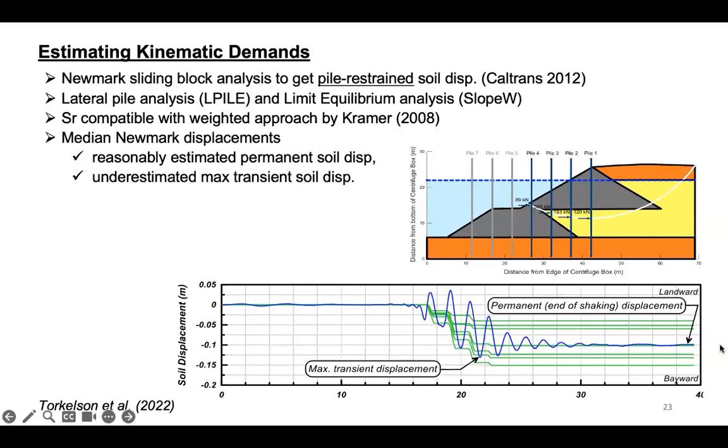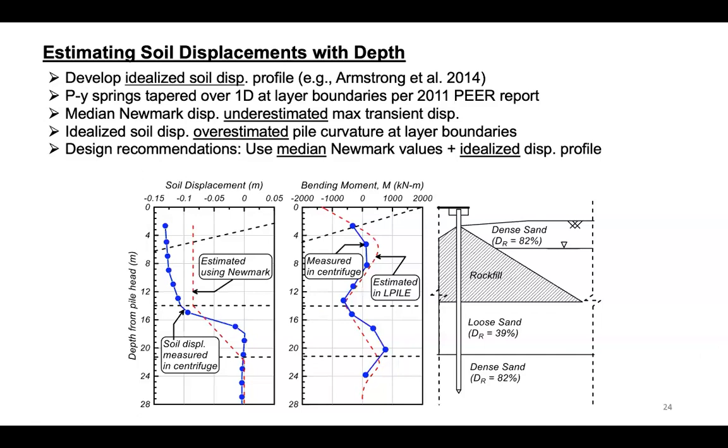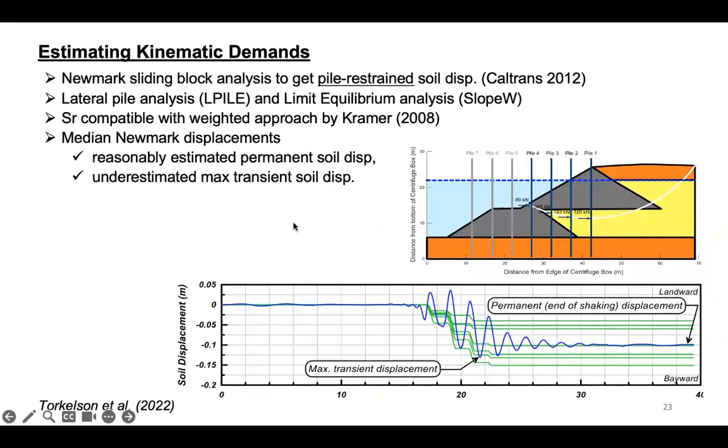What we found is that the median Newmark displacements, when you look at the accelerations within the liquefied mass, reasonably estimate the permanent displacements, but they underestimate the maximum transient displacements.